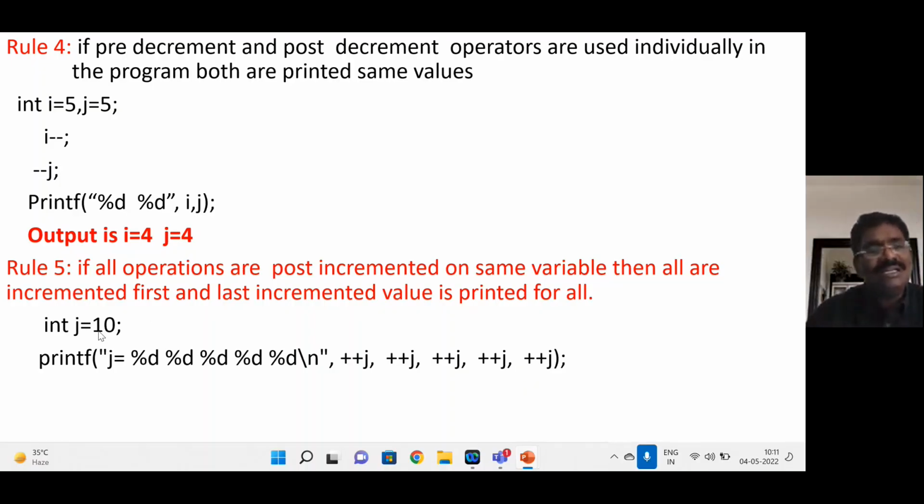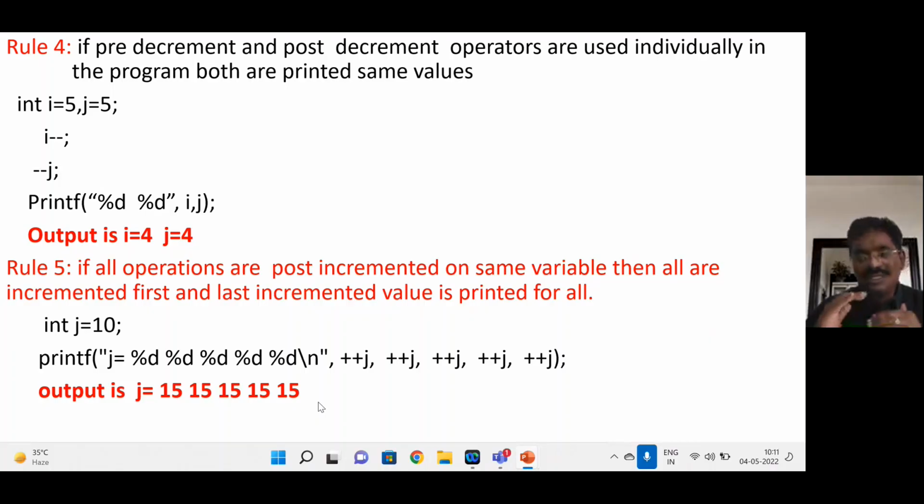So what is the initial value of j? j = 10. 10 plus 5 means 15. So after that, all the values are 15, 15, 15. The final value is 15. All variables will print 15. For example, the output is j = 15, 15, 15, 15, 15.